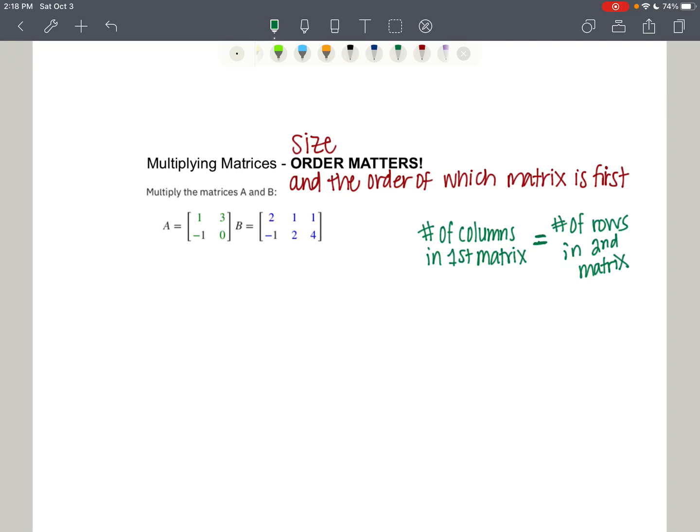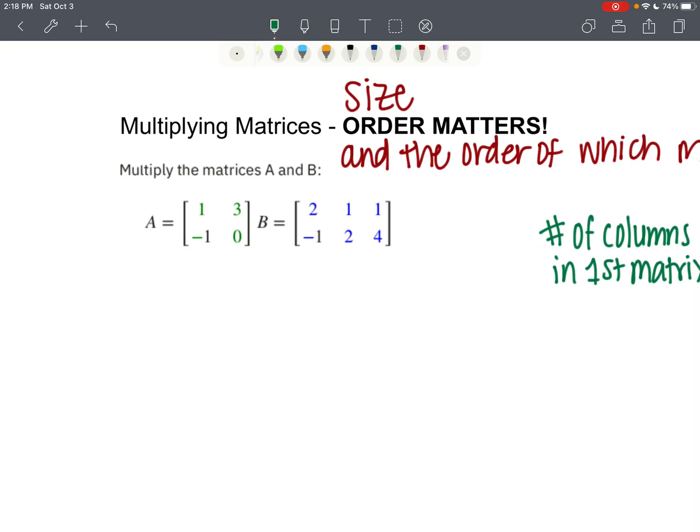So our first matrix here, matrix A, is a 2 by 2. And the second one is a 2 by 3.